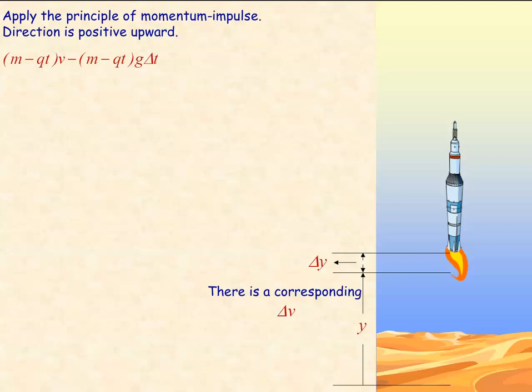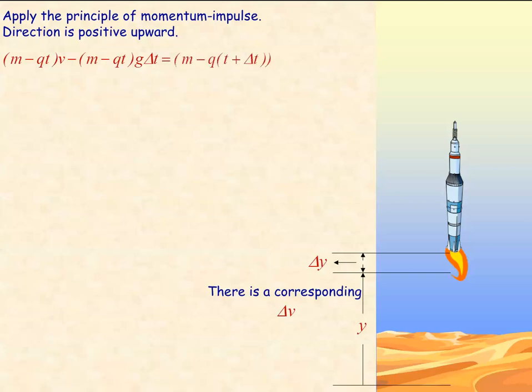we've got an external force acting on the system. That is your mass, which is M minus QT right here, times the acceleration due to gravity times delta T. The reason there's a minus sign here is because that force is downward. And then that's equal to your new mass.